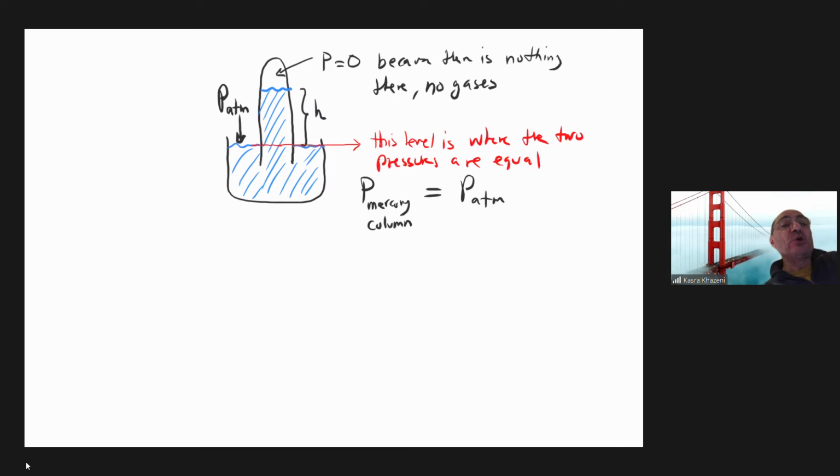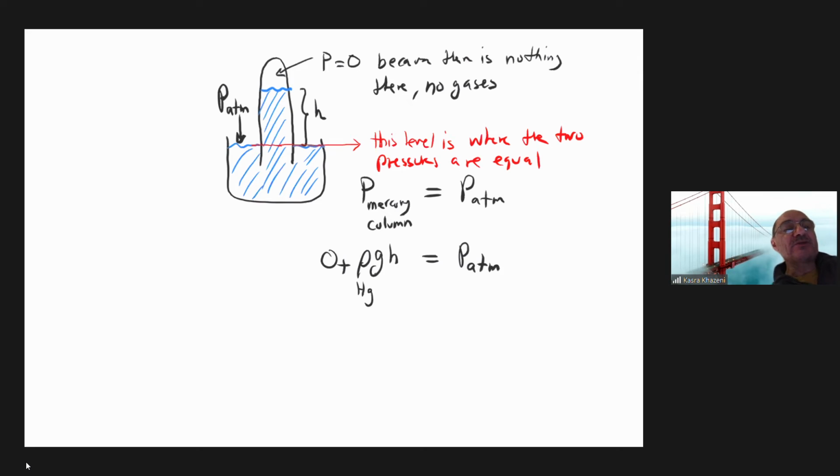And we already know what the pressure of the mercury column is. We calculated that. That is rho of mercury, g, and then h. And because there's no pressure on top of it, I have to add zero, but it doesn't really matter. And that's the atmospheric pressure.